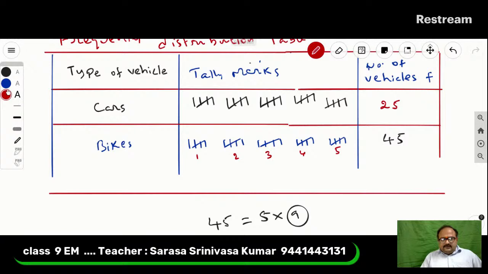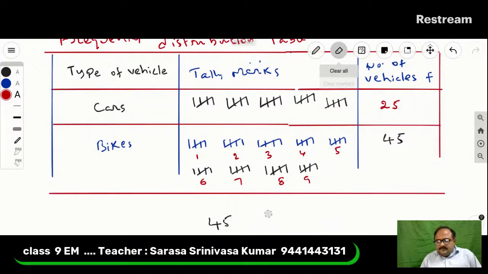So we should write the remaining 20 also. 1, 2, 3, 4, 5, and so on for four more groups. So let us count: this is sixth, seventh, eighth, ninth. So let us observe, tally marks written here are 45. Is it verified?